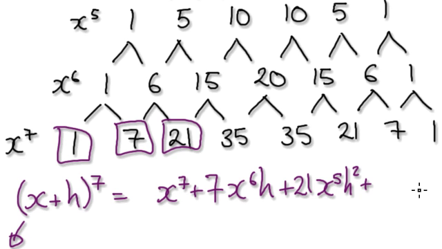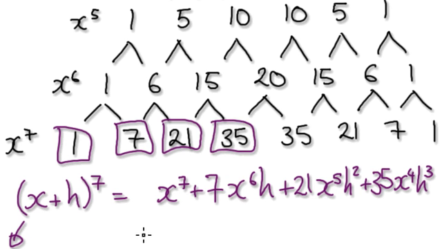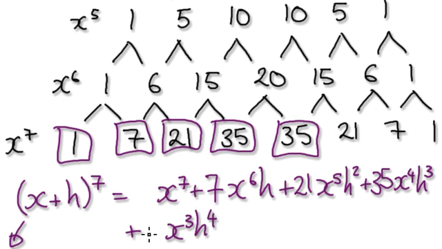Okay, plus, and then the x goes down by 1, the h goes up by 1, so the coefficient you will need will be 35. Plus, okay, the x goes down by 1, the h goes up by 1, so the coefficient that you will need will be 35. And so on.